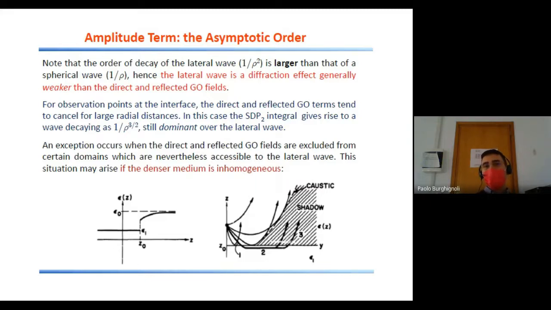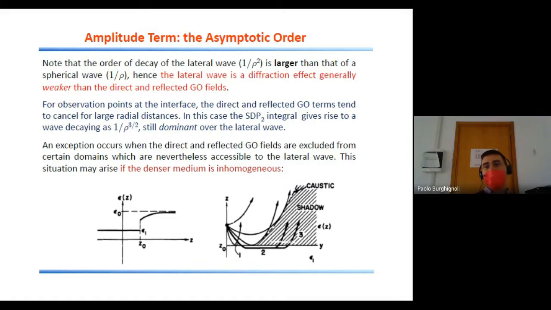What remains, however, is that the steepest descent path integral would give you a dominant asymptotics that goes like 1 over rho to 3 over 2, which is still dominant over the lateral wave, because the lateral wave goes down as 1 over rho squared.